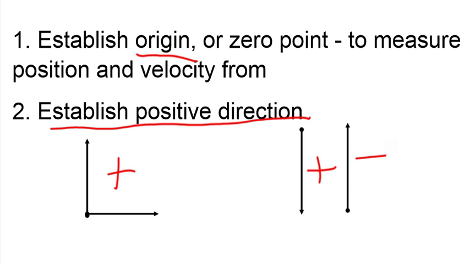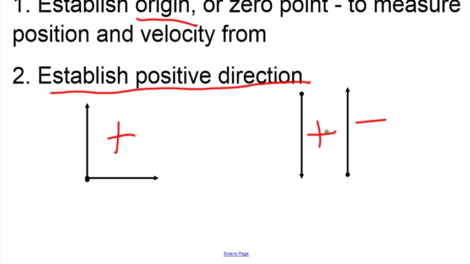Now, depending on the problem, you might get a positive or negative answer. And so when we are giving our answers, we typically don't want to use just positive or negative. We want to use the magnitude, which will be a positive value, even if we get a negative value. So it'll just be the magnitude or the size of the value and the direction.